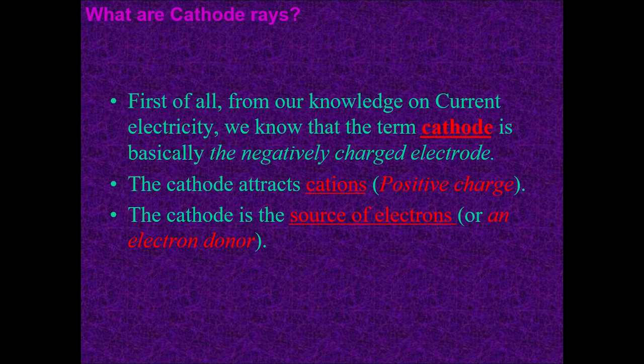Notice, when you have a cell, the cathode is negatively charged, and because unlike charges attract each other, the positive charges will attract the negative charges. Because the electrons are the ones that flow, which are the negative charges, they are the ones that shall flow towards the positive terminal.